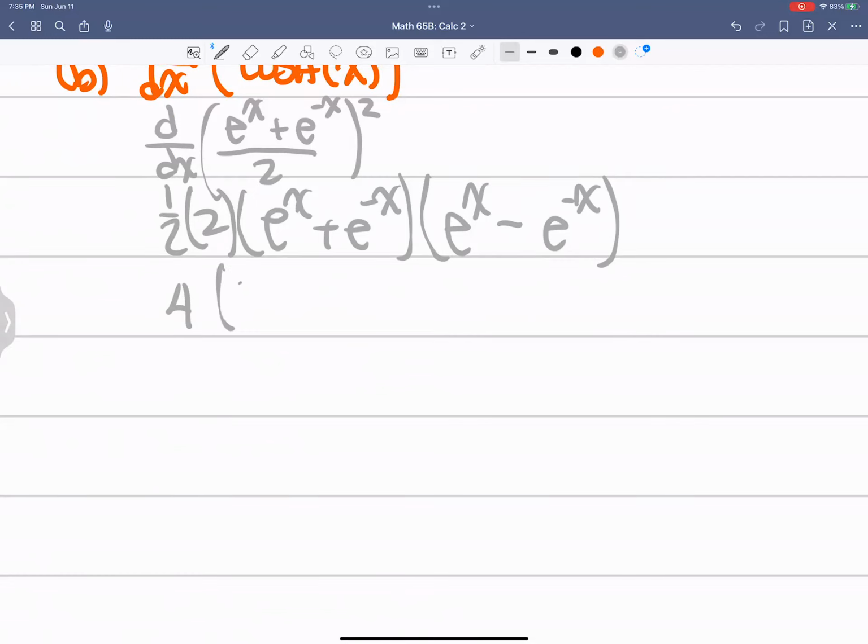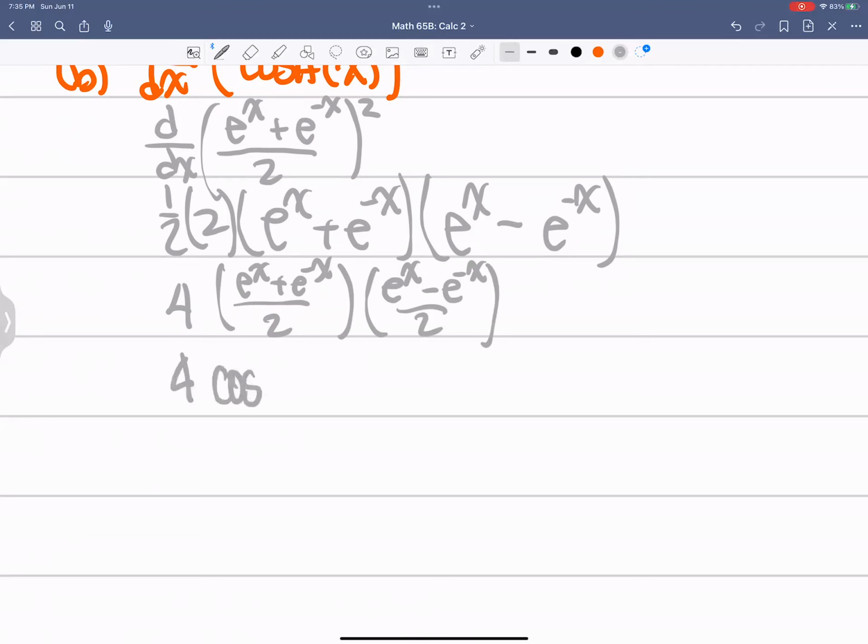So 4 times e to the x plus e to the negative x over 2, and then e to the x minus e to the negative x over 2. Looks good to me. And so we have 4 hyperbolic cosine of x times hyperbolic sine of x.